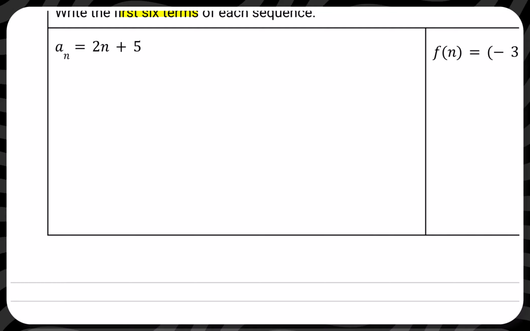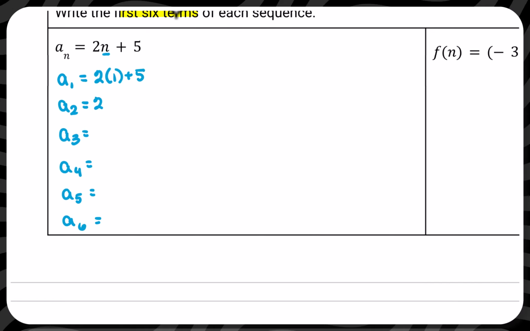So the first 6 terms are going to be a sub 1, a sub 2, a sub 3, a sub 4, a sub 5, and a sub 6. All you have to do is plug in the 1, 2, 3, 4, 5, and 6 into n. So it'll be 2 times 1 plus 5.